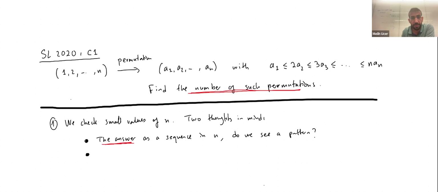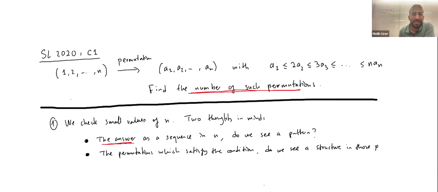This number might have a formula in n and might have a pattern, but maybe more importantly than the number is the permutations which satisfy the condition. Do we see a structure in those permutations?